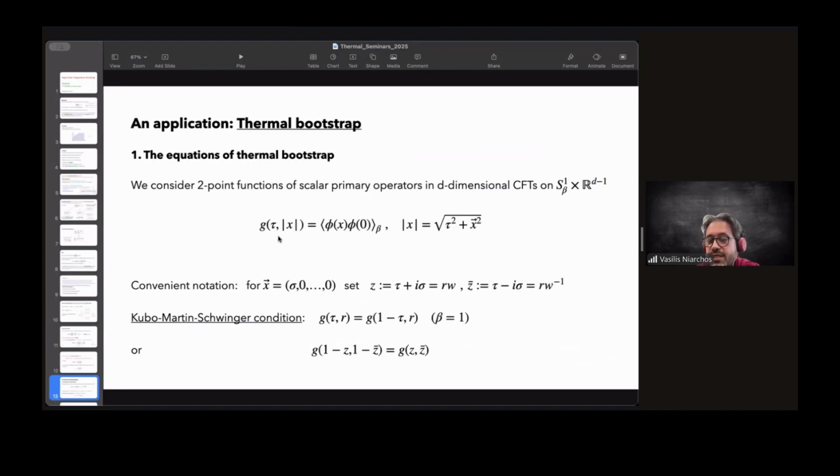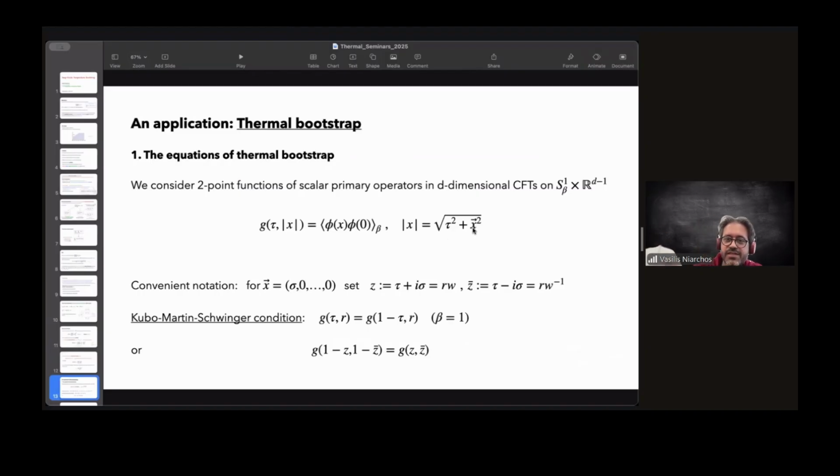Since we break the d-dimensional rotation invariance, now the two-point function of the two scalar primary operators depends independently on the time coordinate and the d-1 dimensional norm of the separation x.